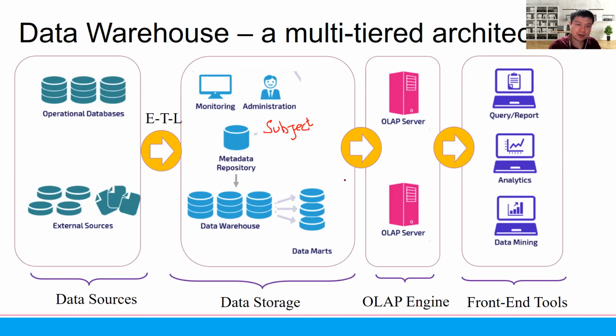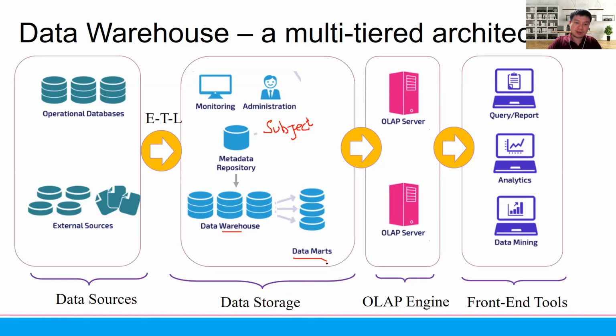And after we have the data warehouse, we will create the data marts. The data mart is a small database. Think of a big supermarket, let's say eMart, and there will be smaller ones, for example, eMart Everyday. So eMart Everyday is a smaller portion of the big mart like eMart.